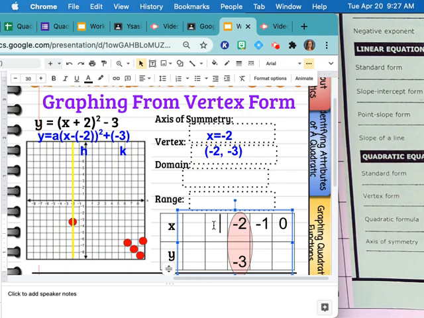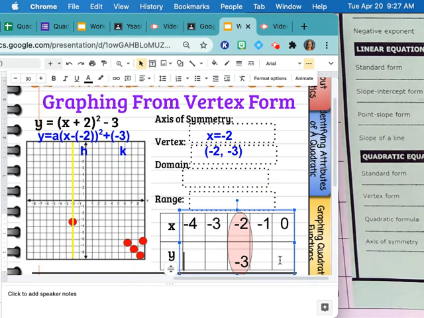To go down, I would go to negative 3, and then go down a little further, and that would be negative 4. I'm creating a table where my vertex is in the middle, and then I have 2 x's on both sides, and then I'm going to find the y values.